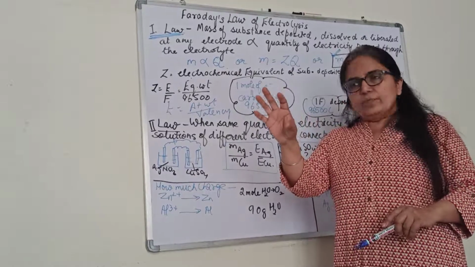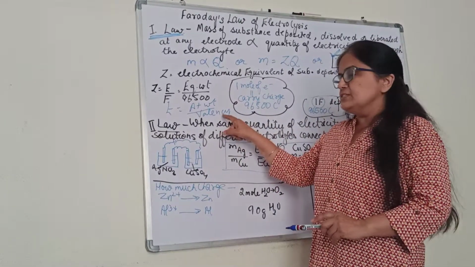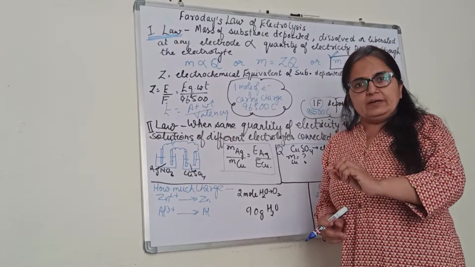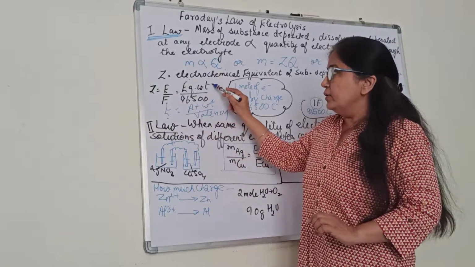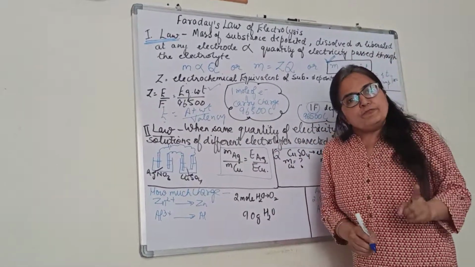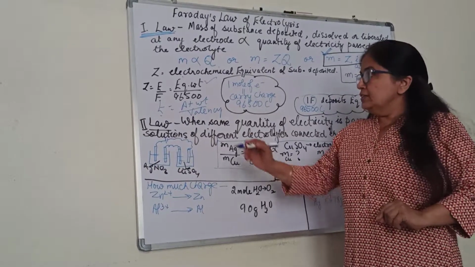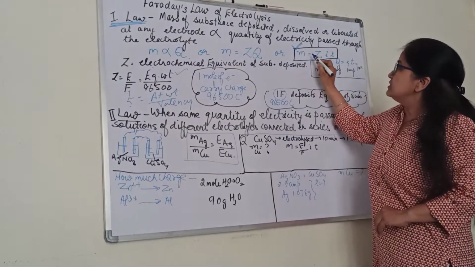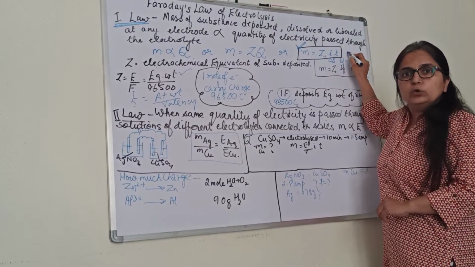The atomic mass of zinc is divided by the valency, which for zinc is 2. For copper, atomic weight divided by 2. Likewise. So this will be equivalent weight divided by F. Now what is F? F is Faraday. 1 Faraday is 96,500 coulombs. That we will write. So we can replace it here and write M is equal to E by F into I into t.